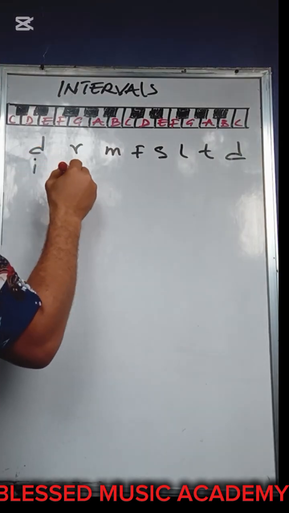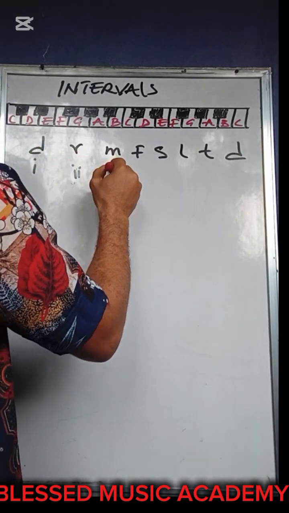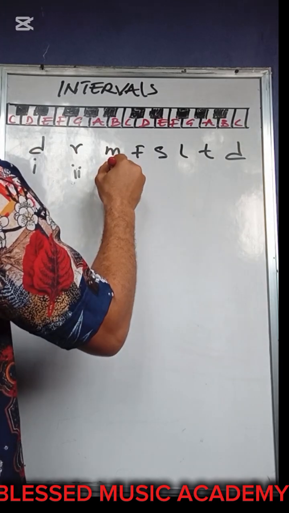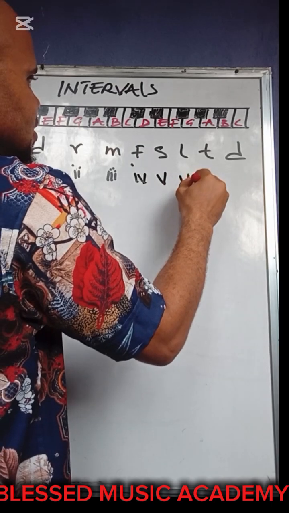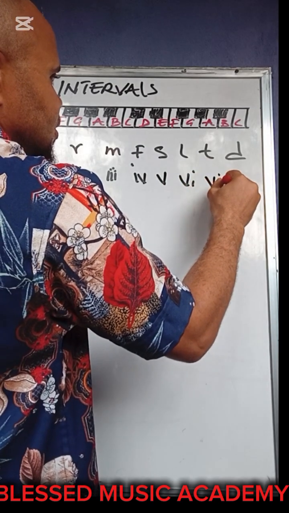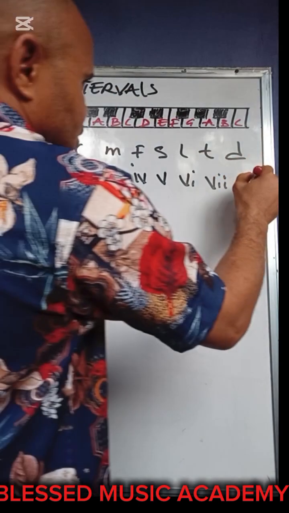This is our 1, this is our 2, this is our 3, this is our 4, this is our 5, this is our 6, this is our 7, and this is our octave, or 8 if you like.